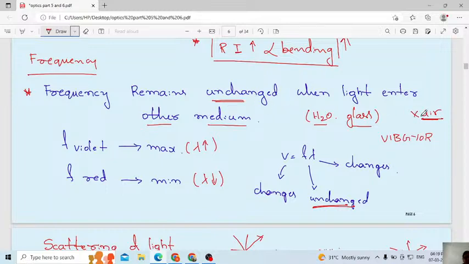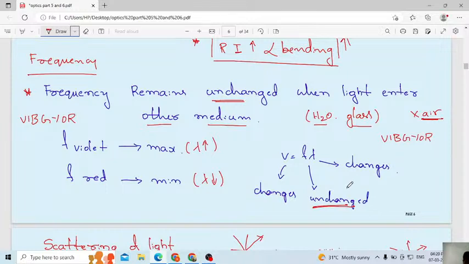The frequency of white light or other colors may change in the air, but in another medium like water and glass, it will not change. V is equal to f lambda. V, the speed, changes in another medium. Even the wavelength differs. All the 7 colors have different wavelengths, that you know. Here, frequency will be unchanged.